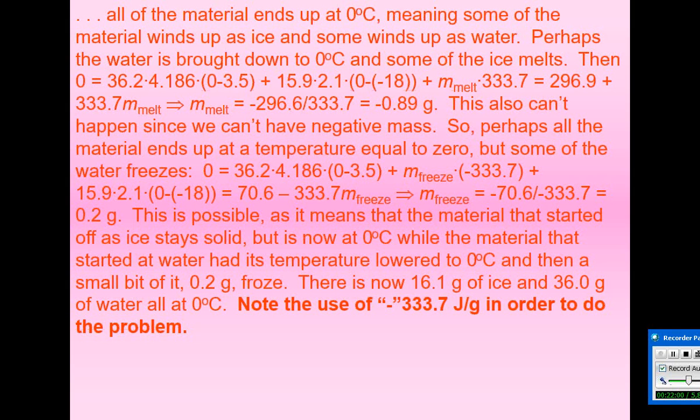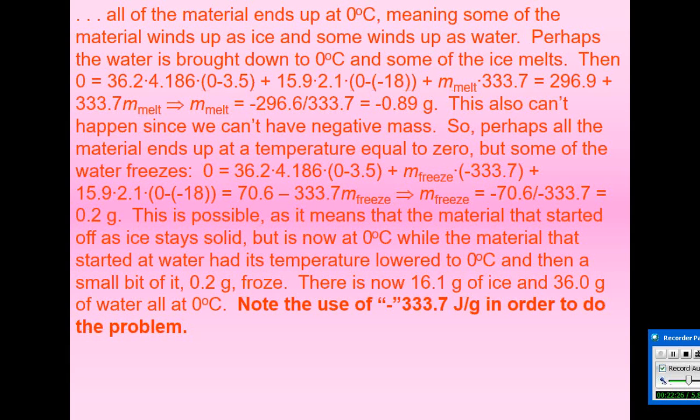So what we wind up with in the final state, the 15.9 grams that was originally ice doesn't melt. It's just now at 0 degrees Celsius. The 36.2 grams of water, some of it's going to freeze. And the liquid that is still remaining is going to be at 0 degrees Celsius.